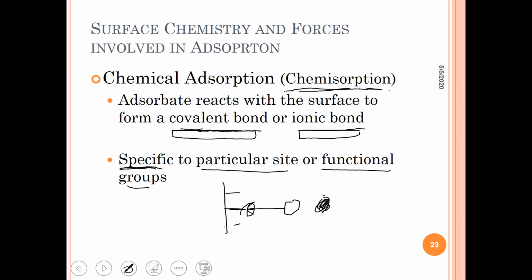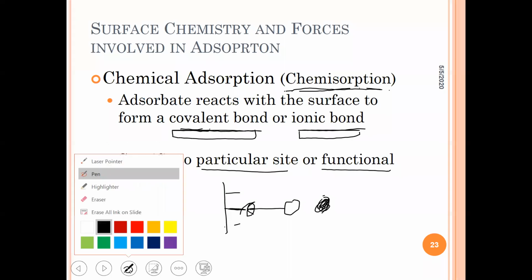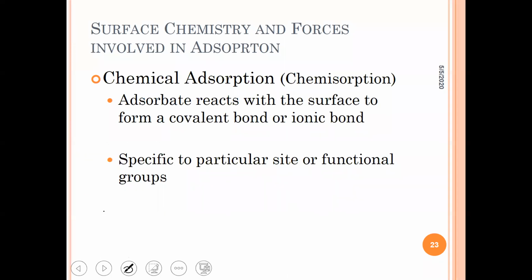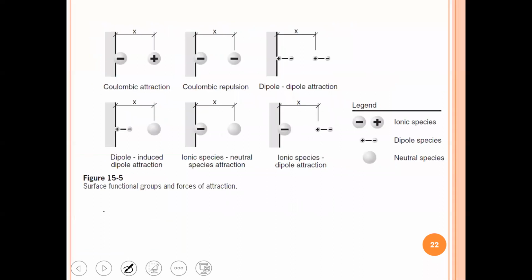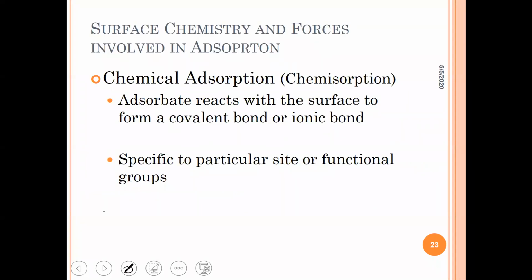So this is chemical adsorption because a chemical reaction occurs. Chemical adsorption means a chemical bond is formed, ionic or covalent. The attractions I mentioned earlier are not chemical bonding; they are weak interactions of attraction and repulsion.